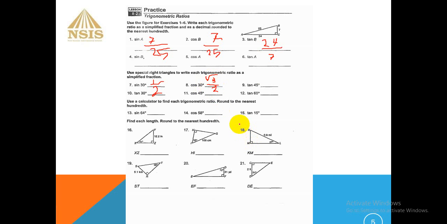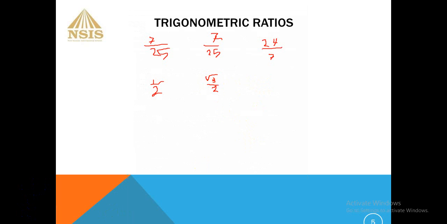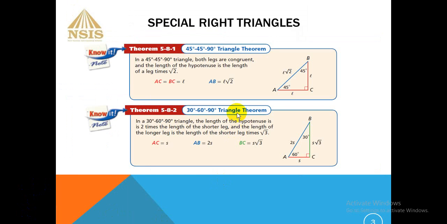That's very nice. Let's solve tan 45. Do you remember the tangent? Returning back again. This is the 45.